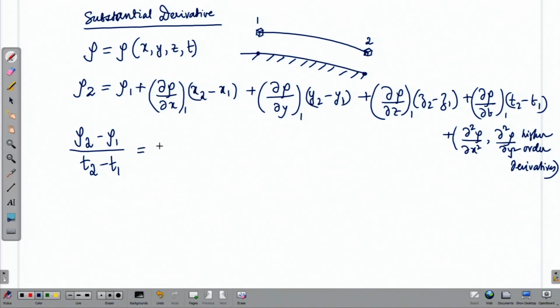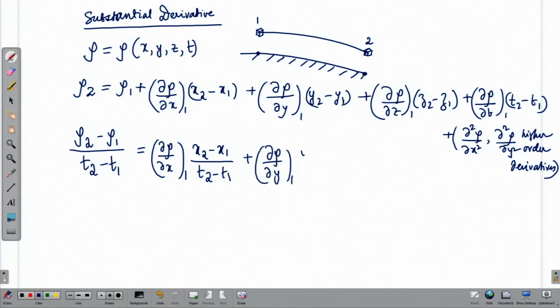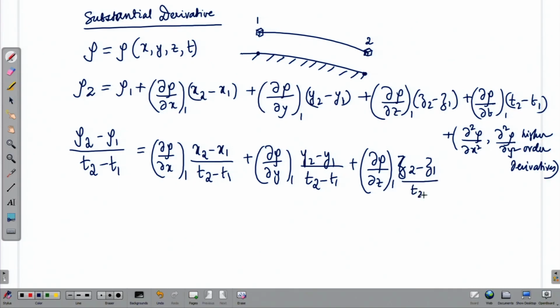You will be left with del rho del x at 1 times x2 minus x1 by t2 minus t1, and in the last term you will be just left with del rho del t.